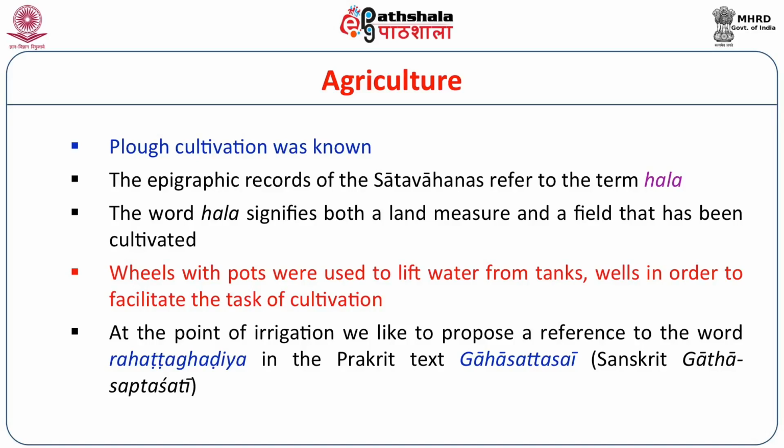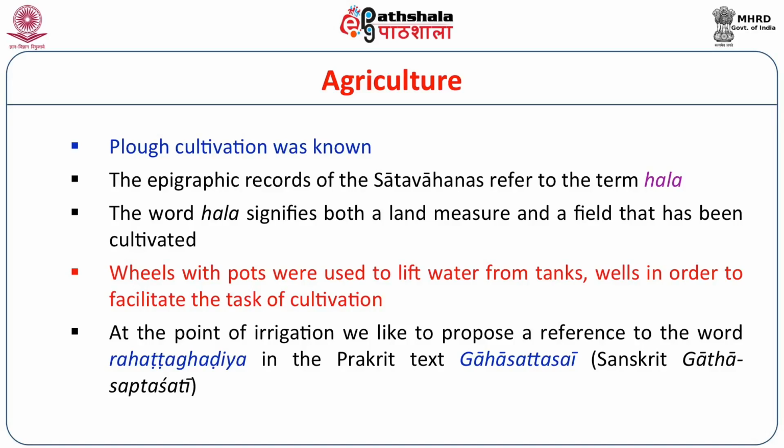This is the Sanskrit rendering of the text, Gatha Saptashati, in which we find the word Rahatta Ghadiya, that is Araghatta, wheels with pots, so that it could be used to lift water from wells, and water from wells, when lifted, was distributed to the land to facilitate the task of cultivation.